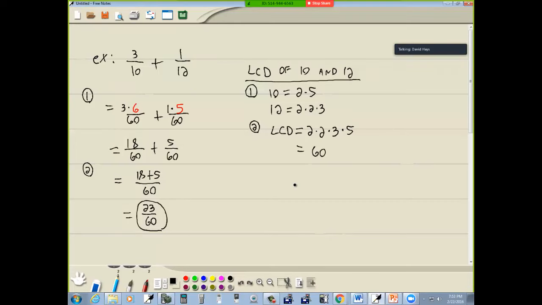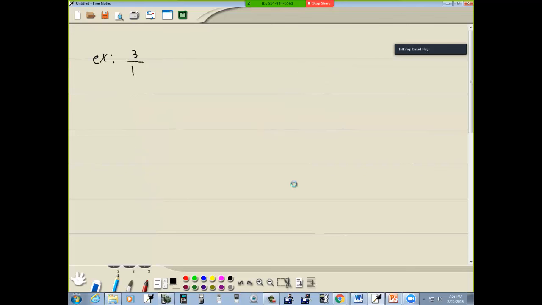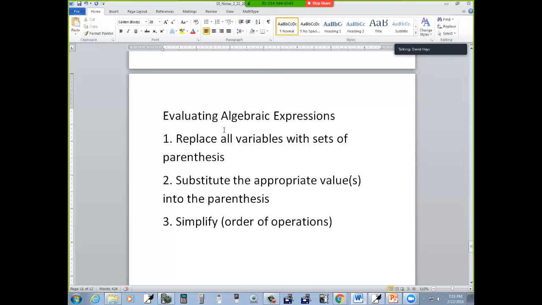Now an algebraic expression is nothing fancier than an expression that has variables in it in some sort. For example, if I had a squared b minus c to the third, and our instructions are to evaluate it.